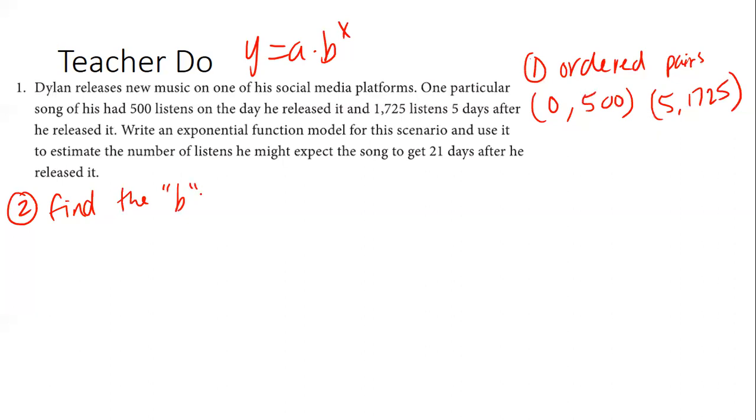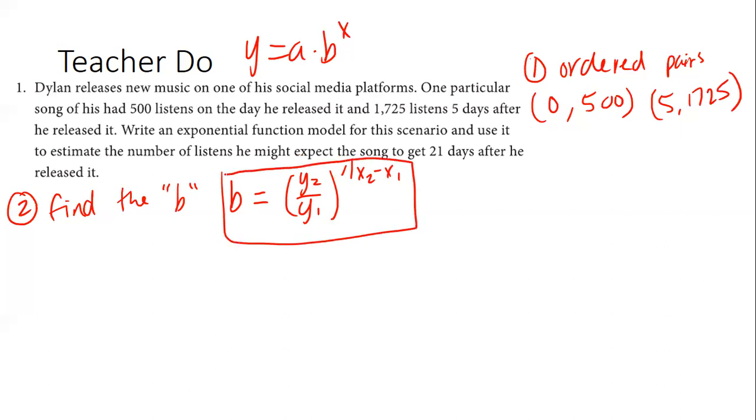There's a formula to find the b, but if all else fails, you can plug in and solve for the b. But the formula for solving your b is b equals your y2 divided by your y1, to the 1 divided by x2 minus x1. That is how you calculate your b, given 2 points.